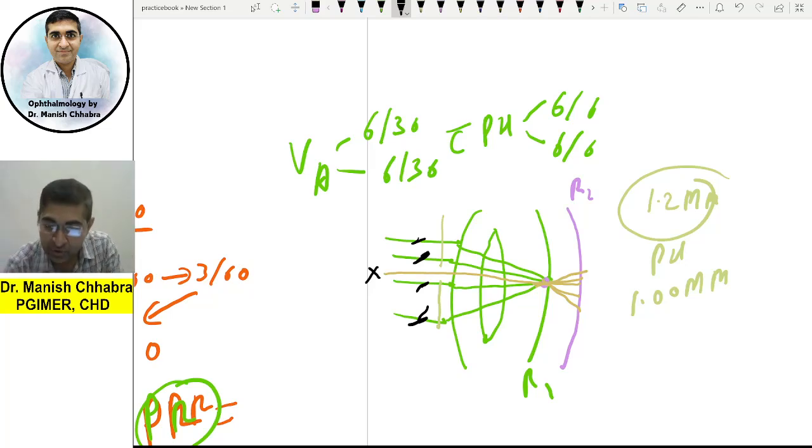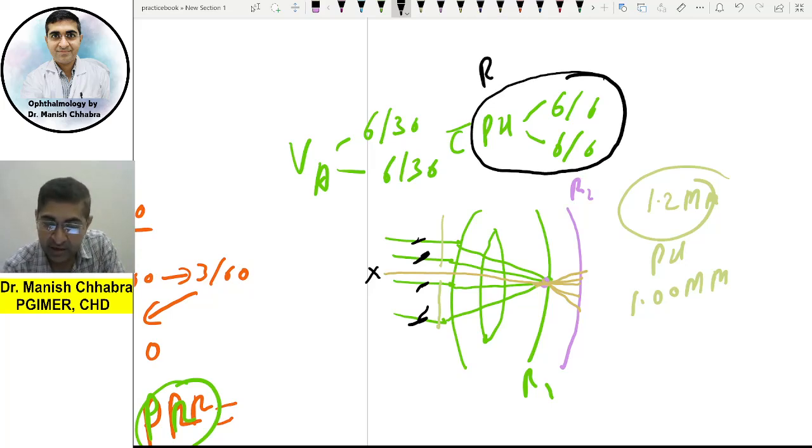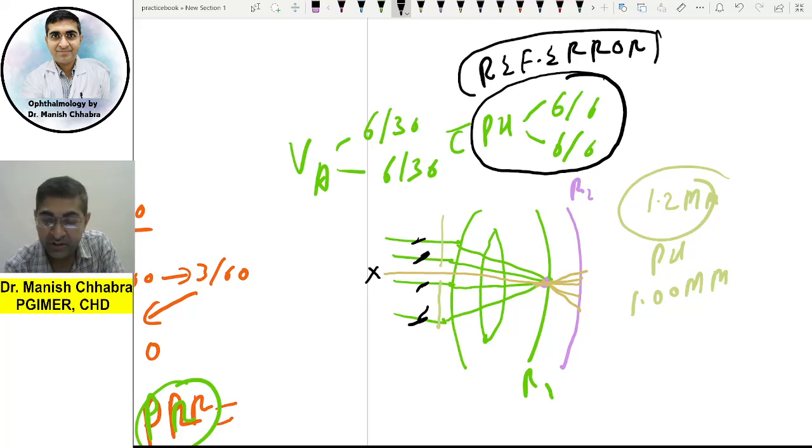So that tells you if there is improvement on pinhole, the patient is having refractive error. I repeat, the patient is having refractive error. Now you will ask, okay sir, what if there is any opacity in the center? Yes, if there is a nuclear cataract, opacity in the center of the lens, or maybe in the center of the cornea, then on placing the pinhole, the patient's visual acuity will decrease further.